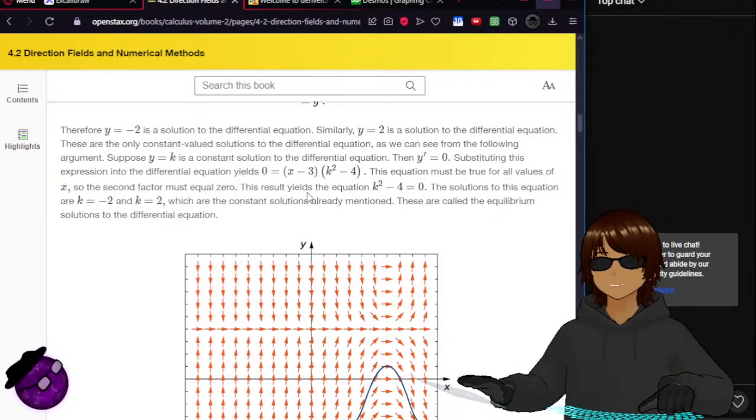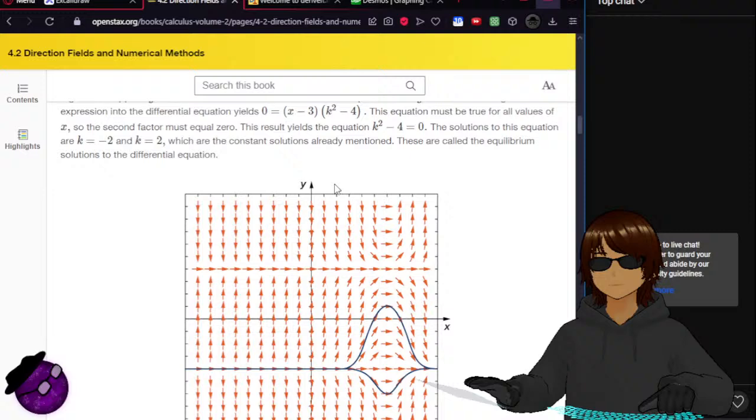This yields k square minus 4 is equal to 0. The solutions to this equation are minus 2 and 2. These are called the equilibrium solutions to the differential equation.